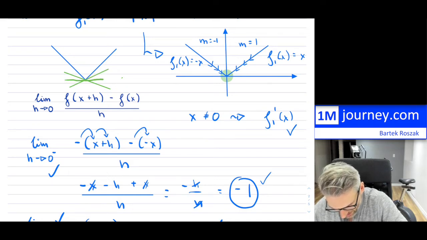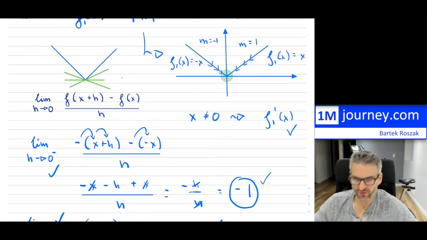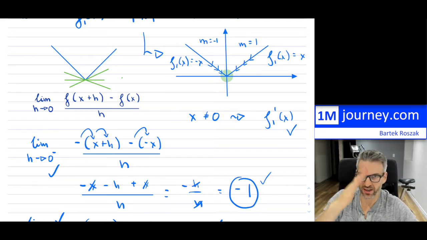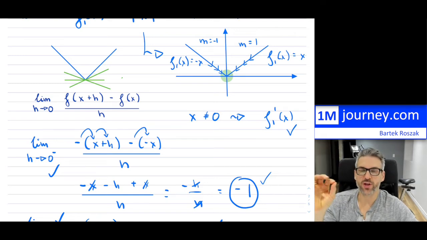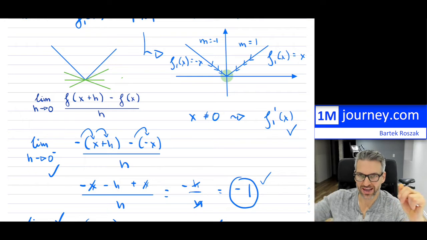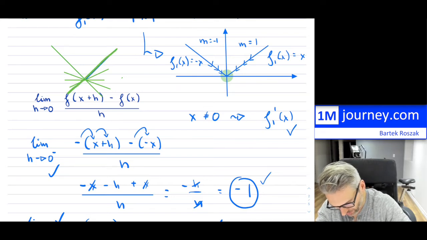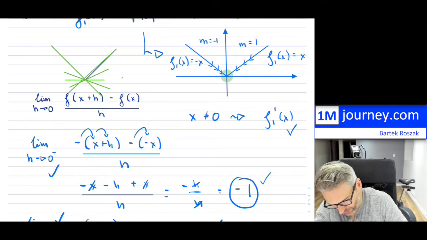Even a flat line can be a tangent. So I can find a lot of different tangents. Just because I have that little cusp there, there is not one tangent that fits. From the left-hand side, we know that the one that will fit is this one. From the right-hand side, we know that the one that will fit will be that one. So that's the one that I would have.